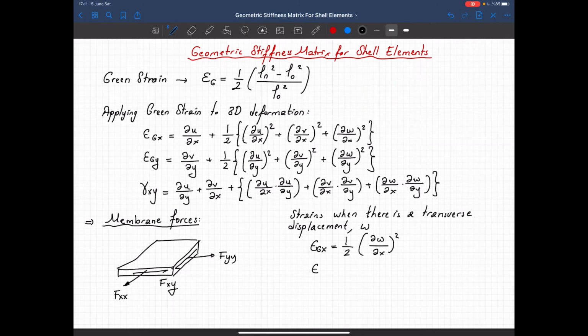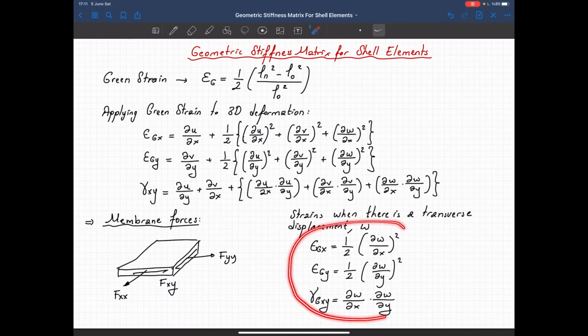Now the Green strain in Y direction will be 1 over 2 del W over del Y squared, and then the Green strain for shear will be del W over del X times del W over del Y. So these are the membrane strains due to bending deformations, and these are the corresponding membrane forces.